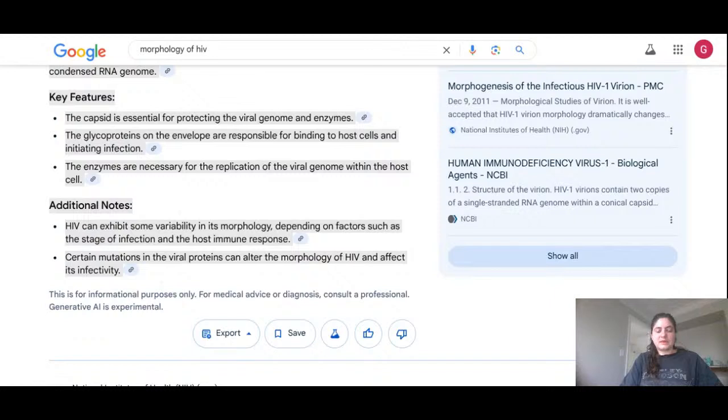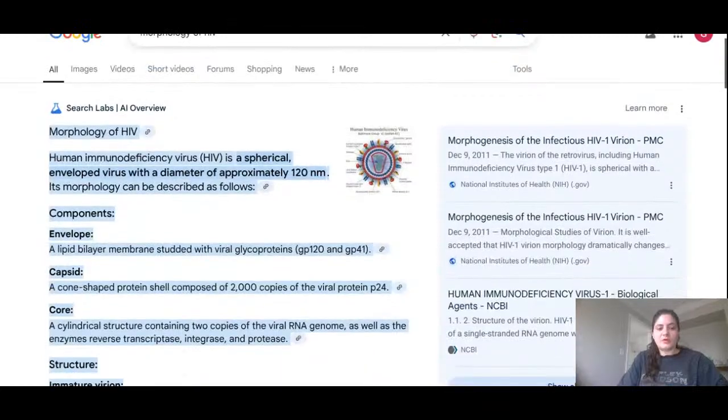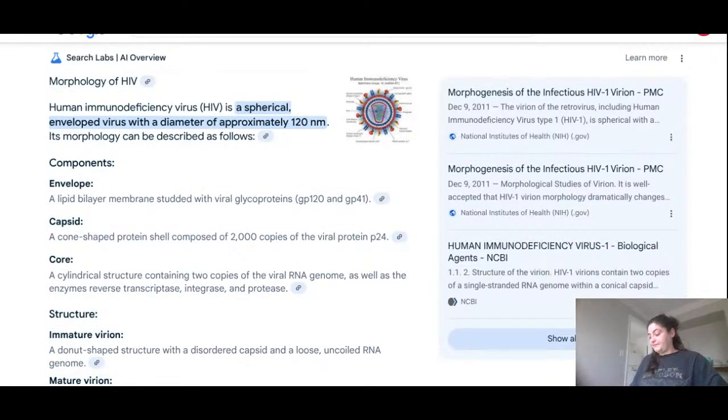This is why you go to school. So we're looking at the capsid, right? The capsid, and the reason why it keeps on reproducing so many times, it has 2,000 copies of the viral protein P24. So protein P24.